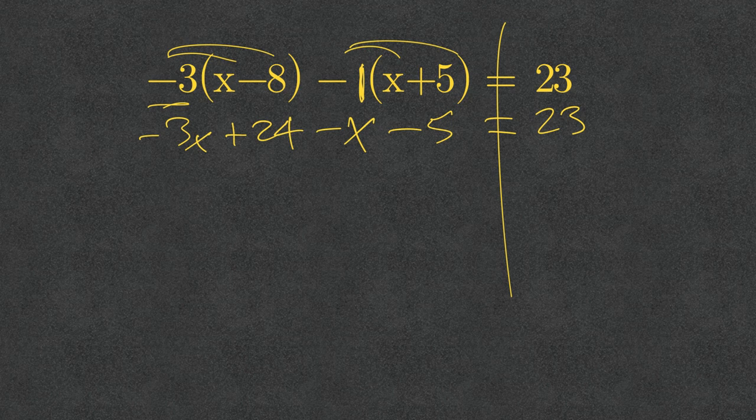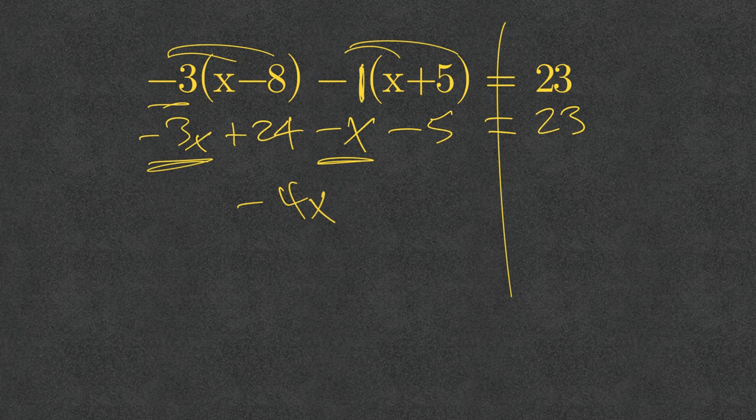Are there like terms on the left side that I need to combine? What we got? Negative 3x and? So what's negative 3 minus 1? Negative 4x.